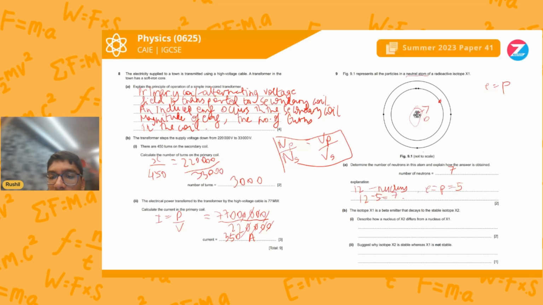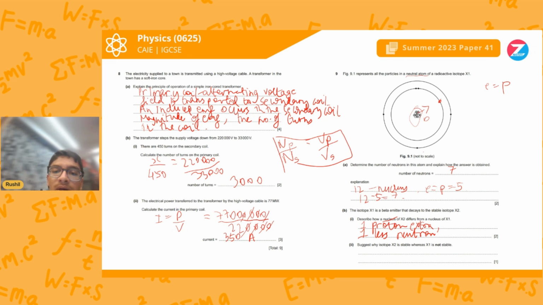So that means X2 will have one extra proton and one less neutron, which is the neutron which decayed. And we won't have to mention the electrons since it says how the nuclei differ and electrons are outside the nucleus.